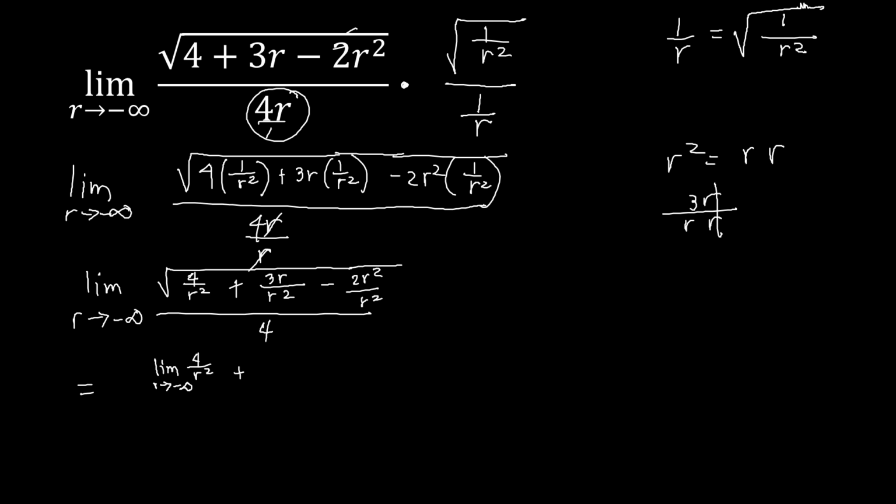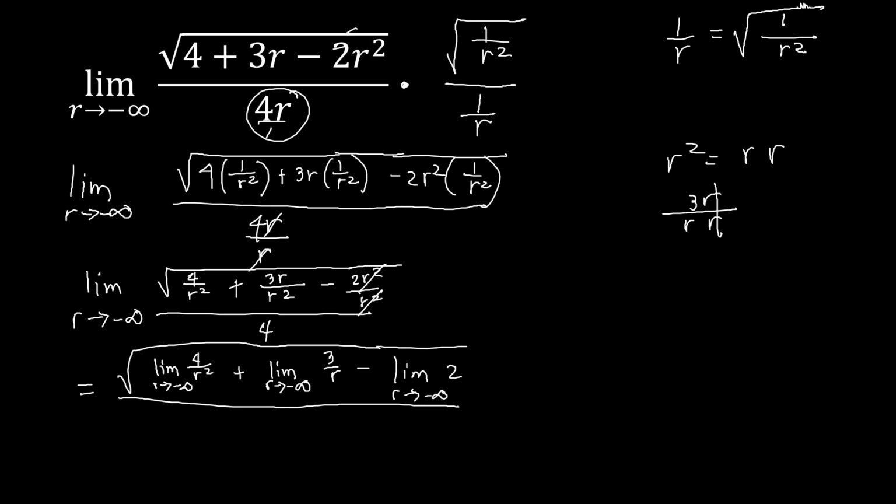So this is now the limit of 3 over r as r approaches negative infinity. And then we have minus, r squared will be canceled, so minus the limit of 2 as r approaches negative infinity, all over the limit of 4 as r approaches negative infinity.